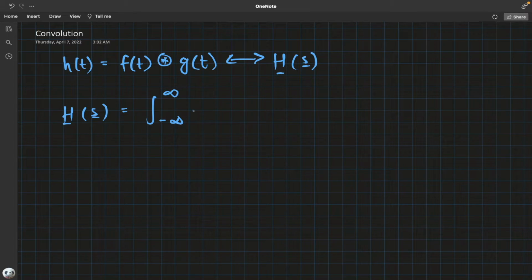I'm doing the full convolution definition for this, d t. Or maybe let me just rewrite a bunch of things here. Let's write the Laplace transform definition first. Right? And then we can substitute what h of t is.